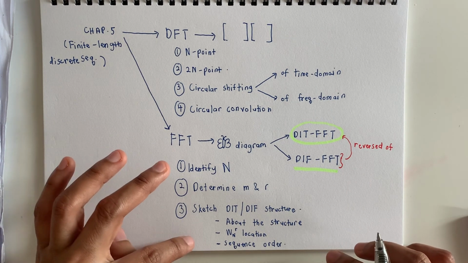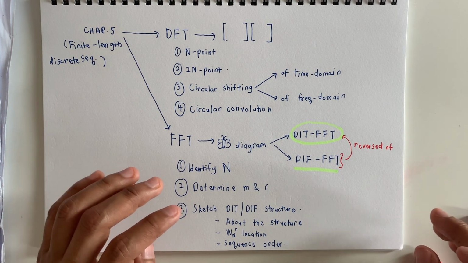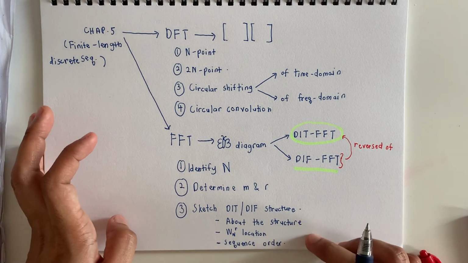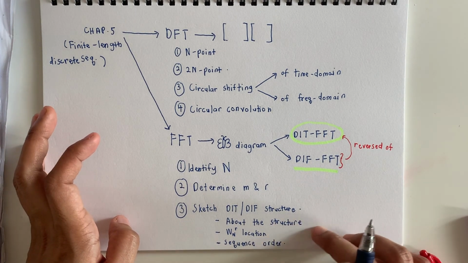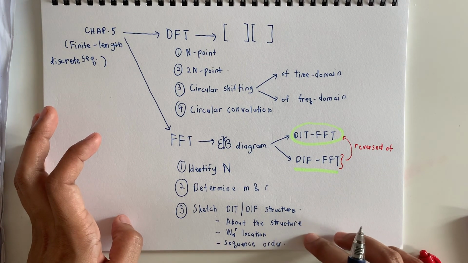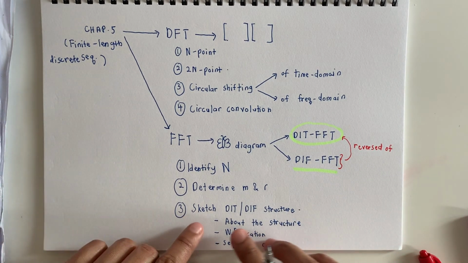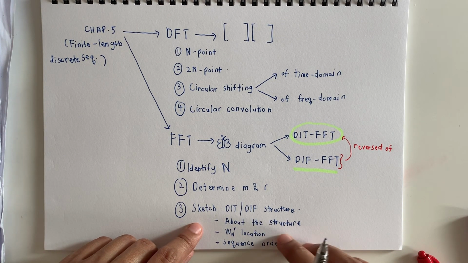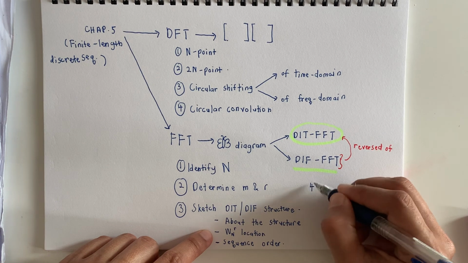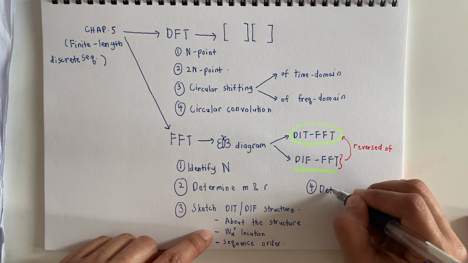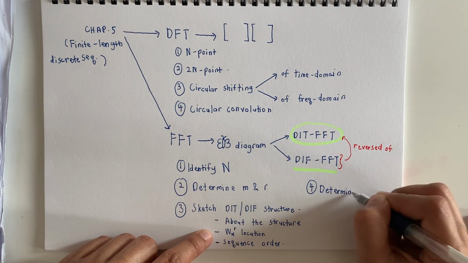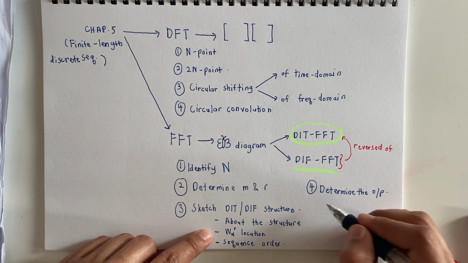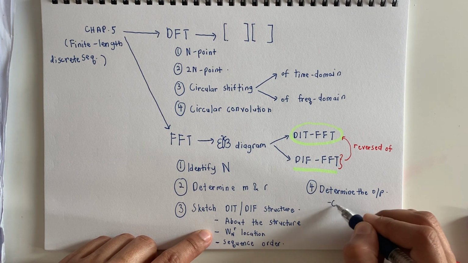But for DIF FFT, you need to do bit reversal from input to output. So you must know the difference between them, so you can sketch the correct structure. After you sketch the correct structure, then you can determine your output by doing the computation.